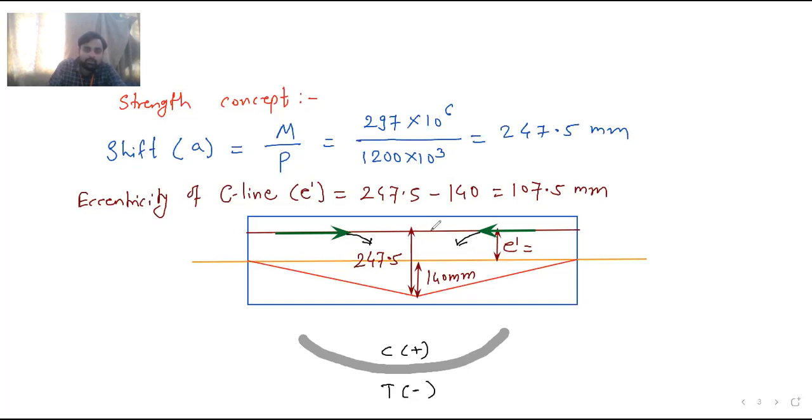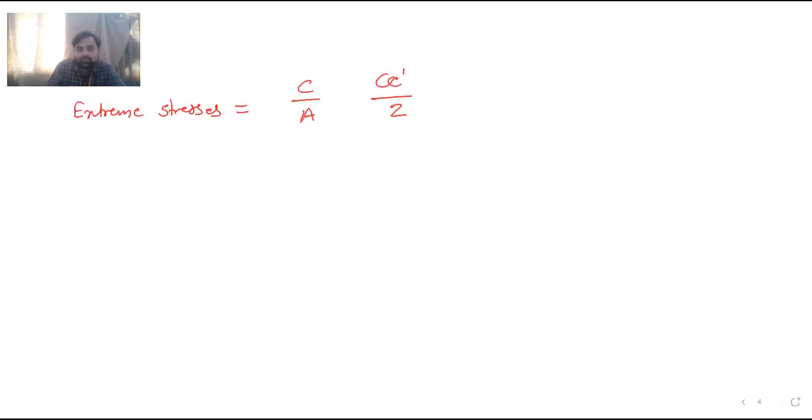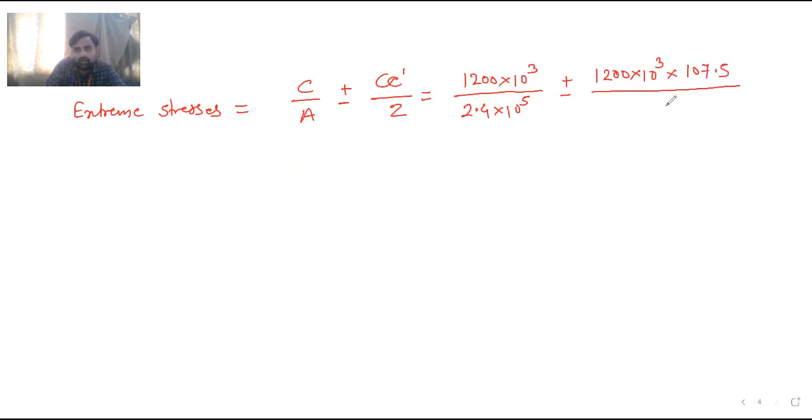If it is lying above the neutral axis, at top plus will be there, and if it is lying below the neutral axis, then at top minus is there. So at top it is plus, at bottom it is minus, which is equal to 1200 into 10 raised to 3, C is nothing but pre-stressing force divided by area, it is 2.4 into 10 raised to 5, plus minus 1200 into 10 raised to 3 into 107.5, your E dash, divided by Z, which is 2.4 into 10 raised to 7.